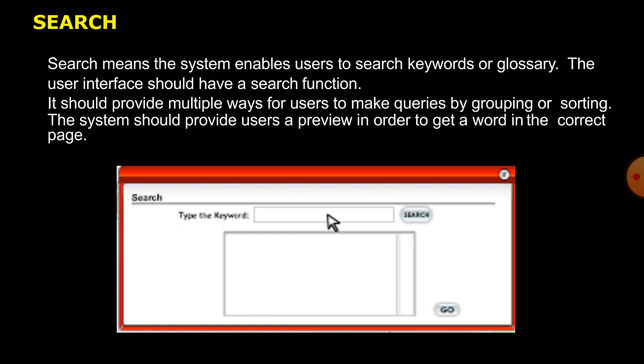The system should provide users a preview in order to get a word on the correct page. If you type a particular keyword, it will search within the pages where we have that particular word. So searching means the system enables the users to search for a particular keyword.